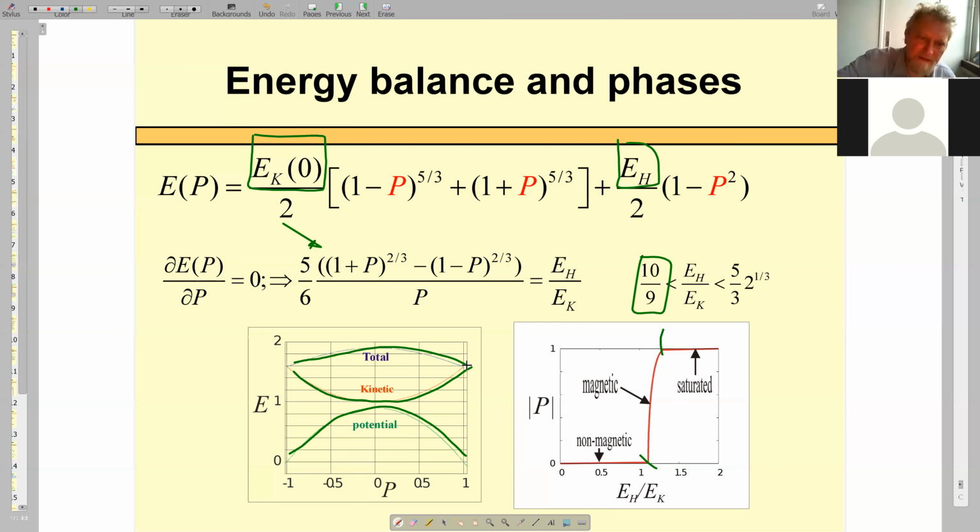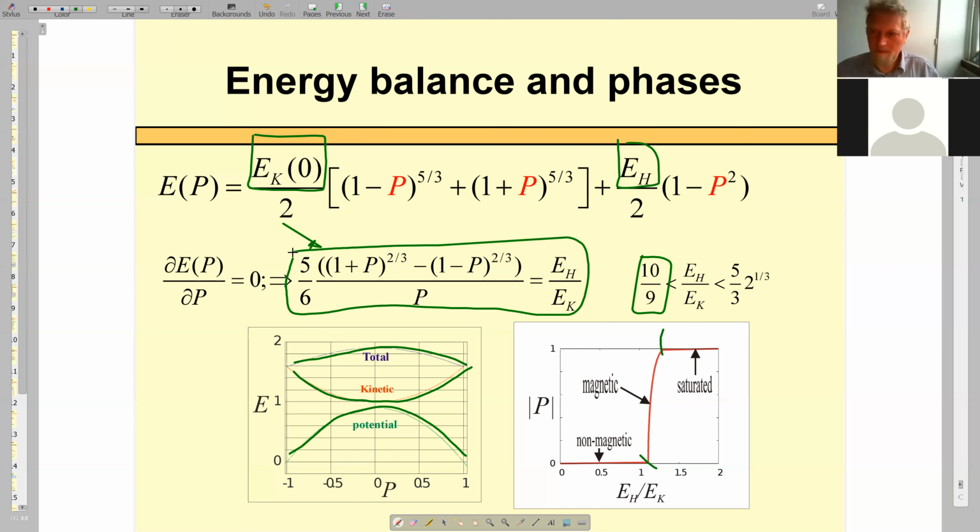This is a mathematical equation for the minimum. Fine. We solve the problem. We have found a magnetic state for a certain region of parameters.